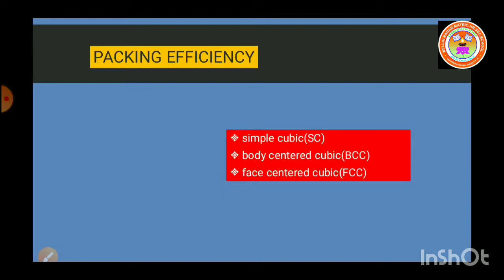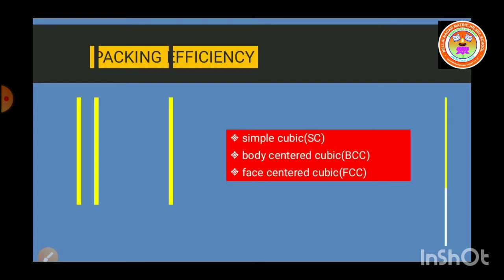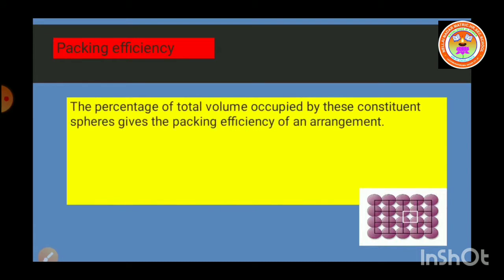Before we start packing efficiency in simple cubic, what is the definition of packing efficiency? See here: the percentage of the total volume occupied by the constituent spheres gives the packing efficiency of an arrangement.